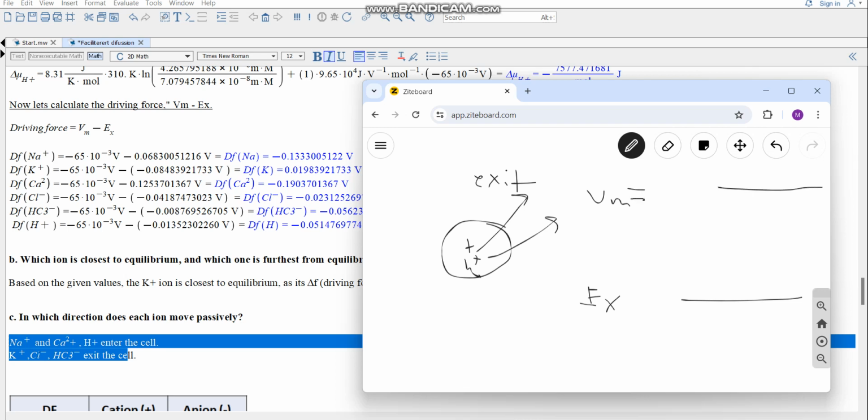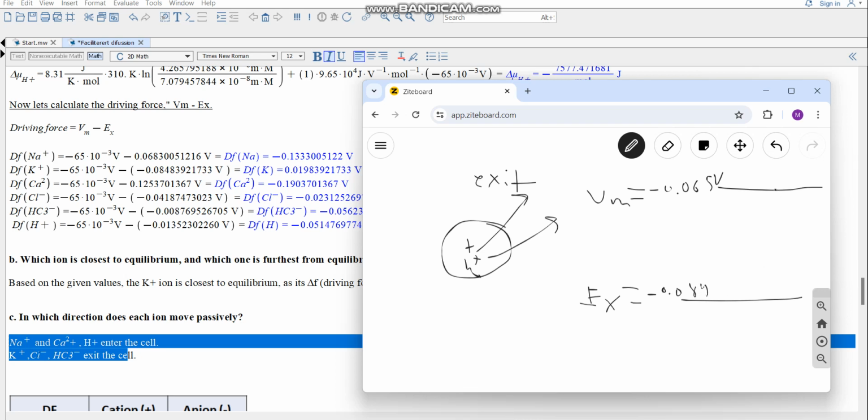So the membrane potential for potassium is given as minus 0.065 volts, and the equilibrium potential for potassium is given as minus 0.084.